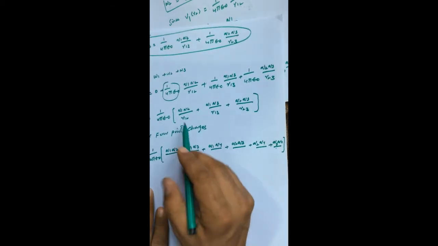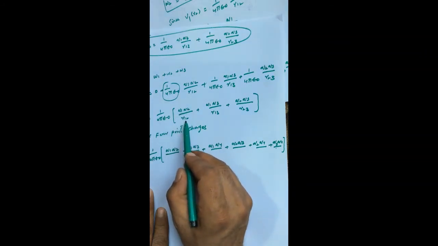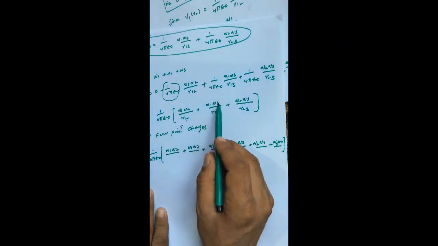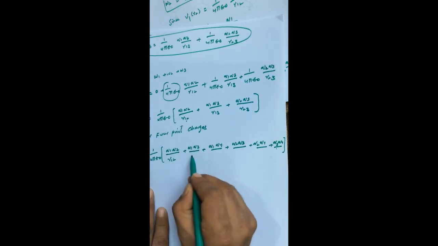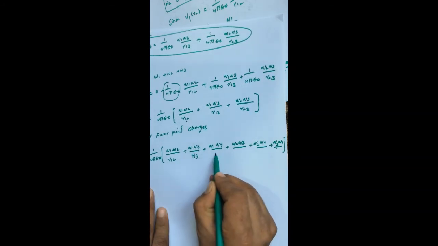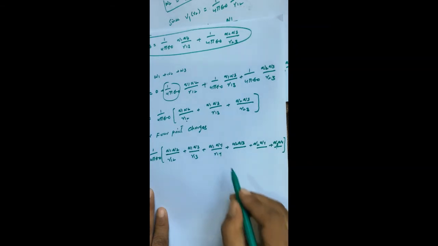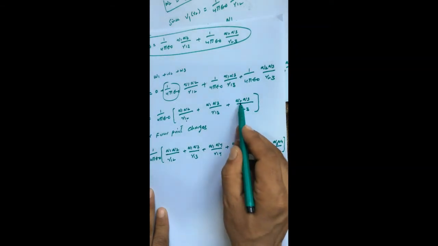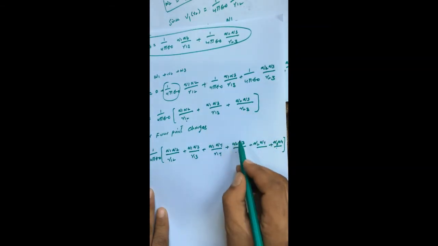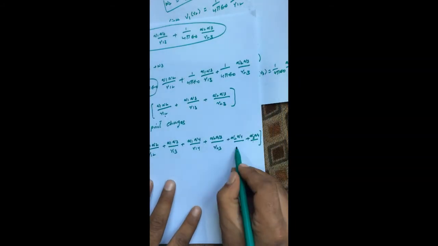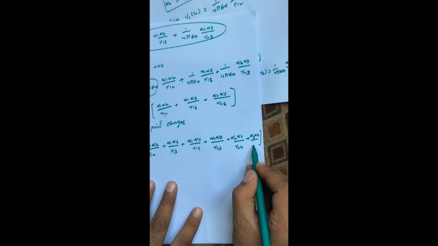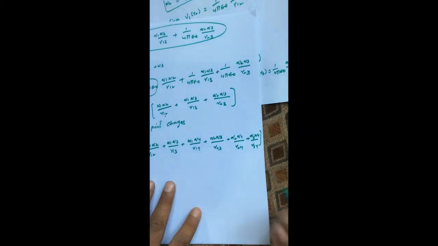So if we look here, for Q1 Q2 there is R12, for Q1 Q3 there is R13, and for Q1 Q4 there is R14. Then we have Q2 Q3 with R23, then there will be R24 and R34.